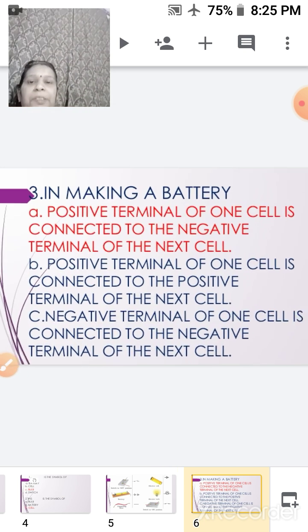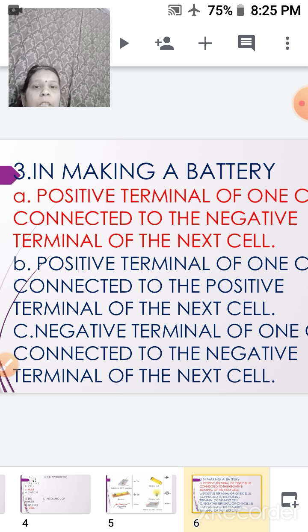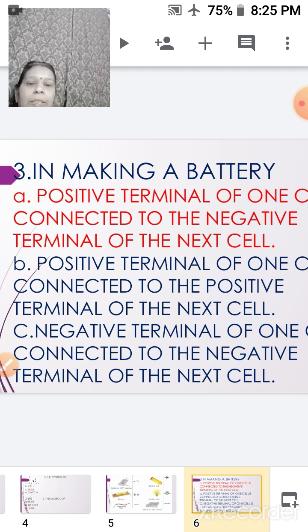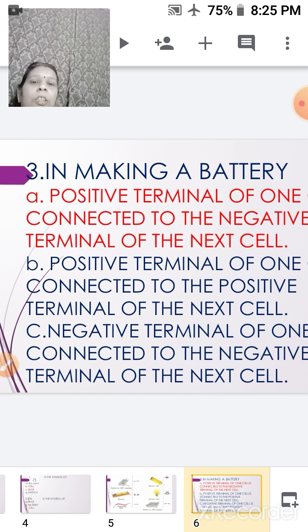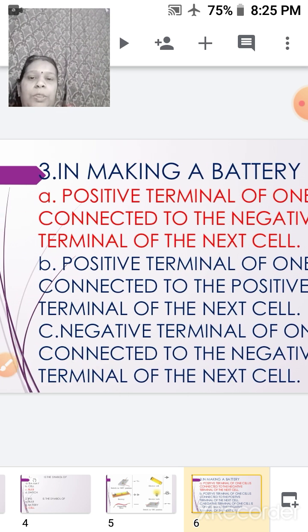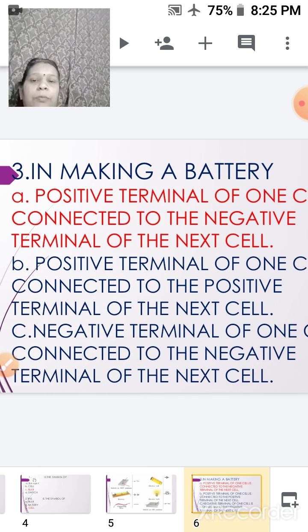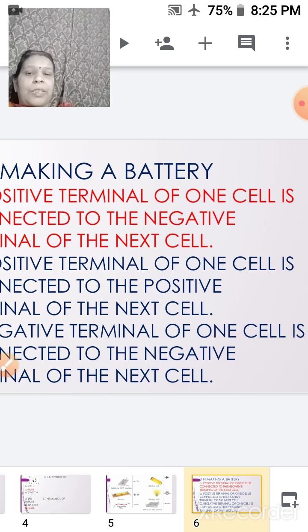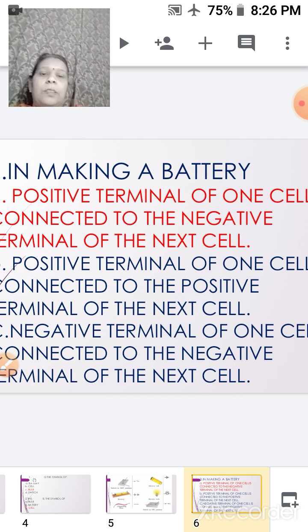Now the next question: in making a battery, the positive terminal of one cell connects to the negative terminal of the next cell, or the positive terminal of one connects to the positive terminal of the next cell, or the negative terminal of one cell connects to the negative terminal of the next cell.